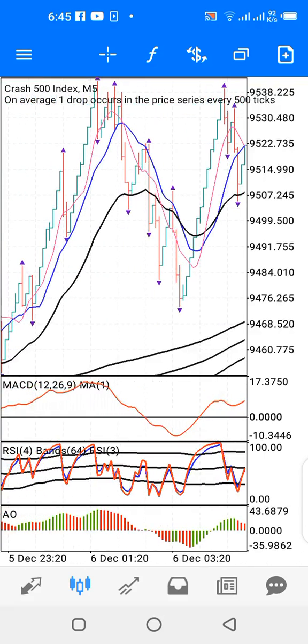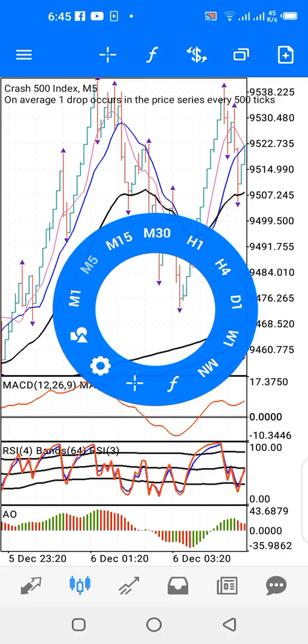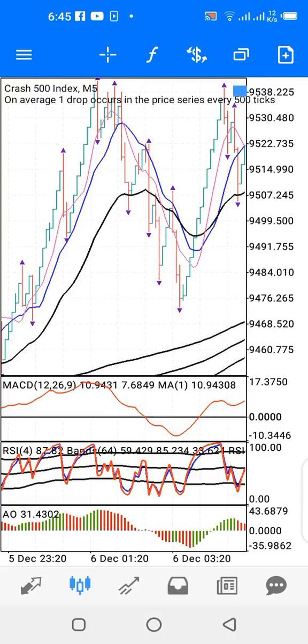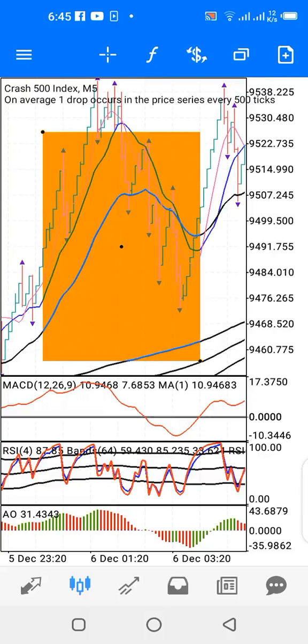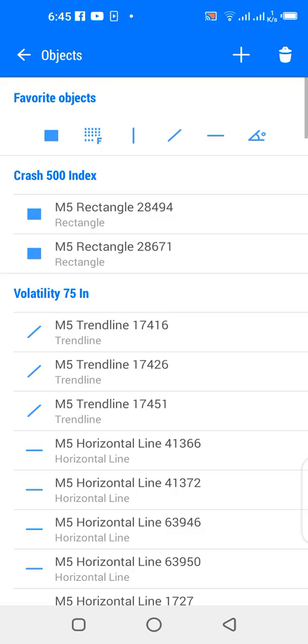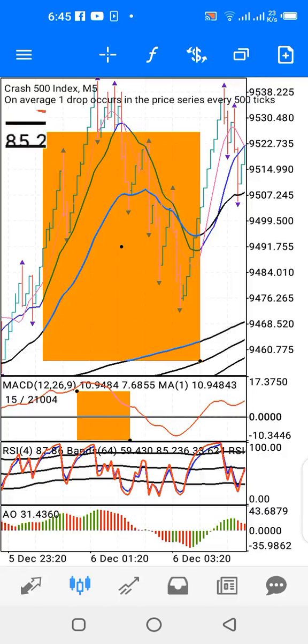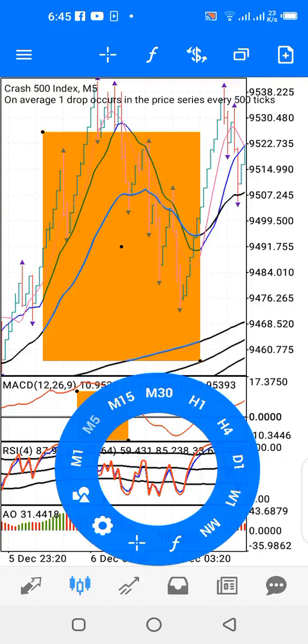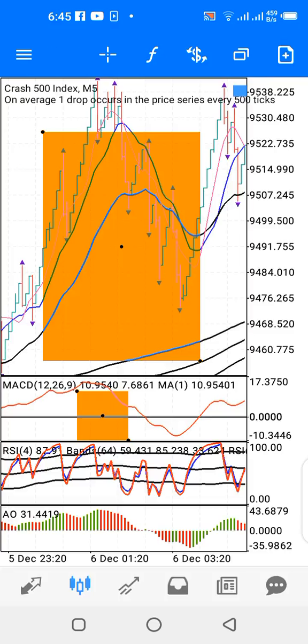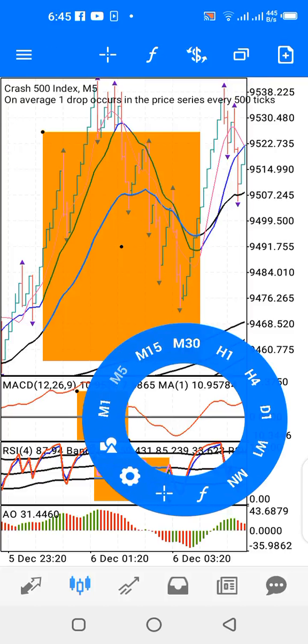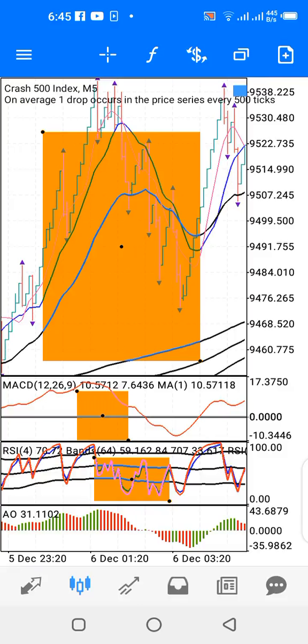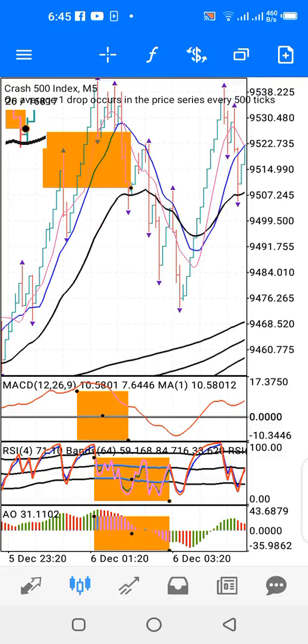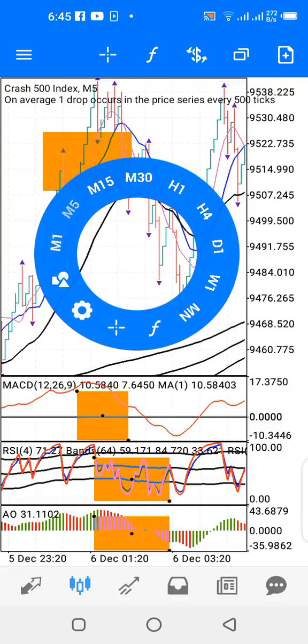I have the main window, indicator window 1, indicator window 2, and indicator window 3. Now on my main window, let's look at the settings, then we'll look at how you can use it to trade Crash 500 index.